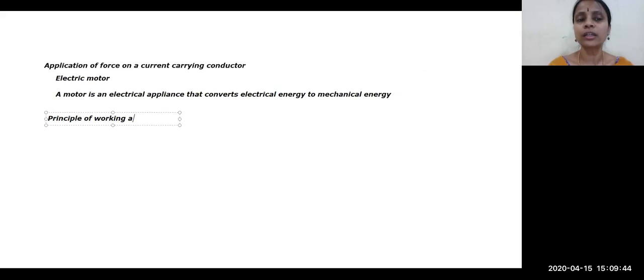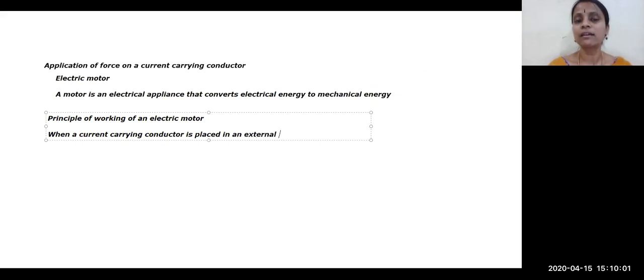Principle of working of an electric motor. What is the principle? We just saw. The principle is when a current carrying conductor is placed in an external magnetic field. I'm going to repeat this. You also keep repeating it because the concept is very, very important.